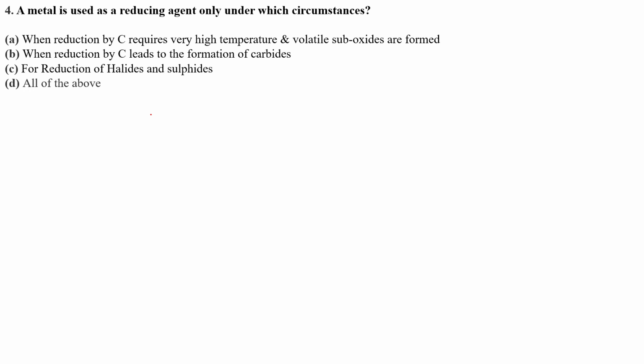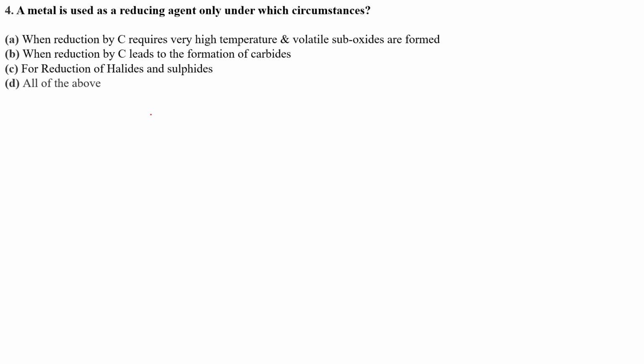Sometimes some processes are thermodynamically not feasible, and sometimes, although the process is thermodynamically feasible, we don't go for it due to economic considerations, because the byproducts produced during that process are not useful for further applications. So when we talk about metal as a reducing agent, we generally don't go for the metallothermic reduction process.